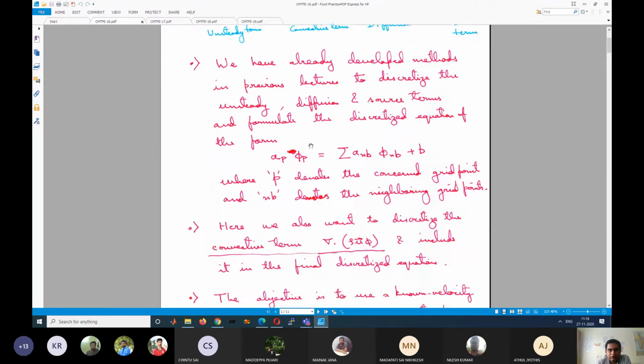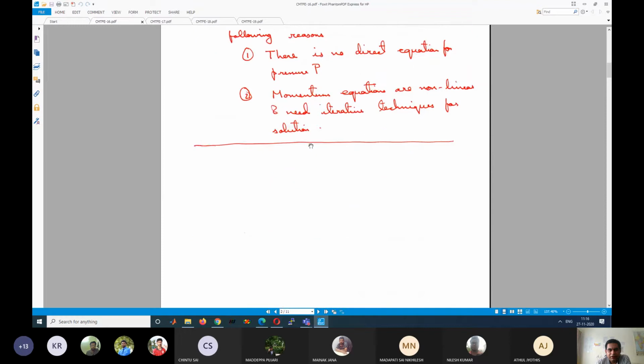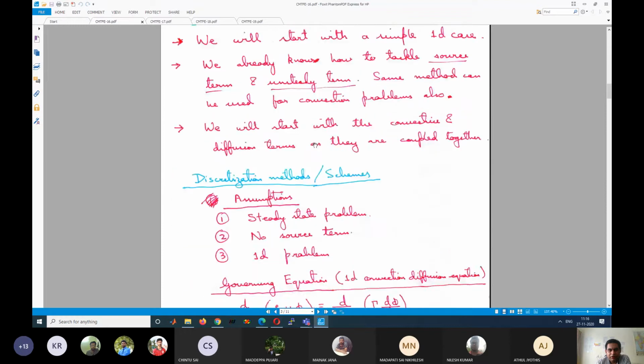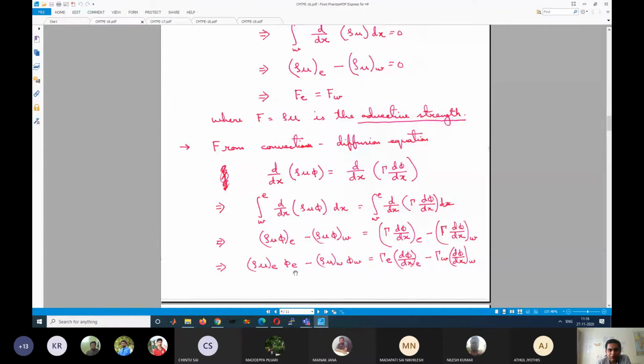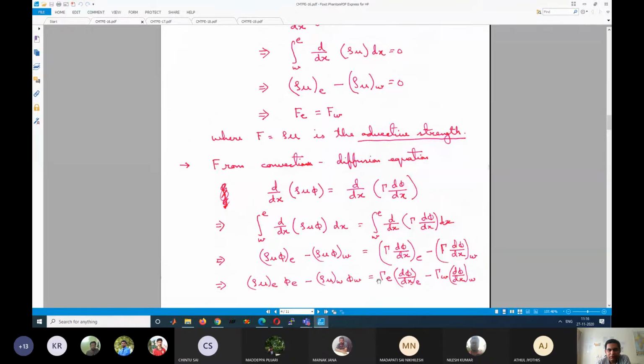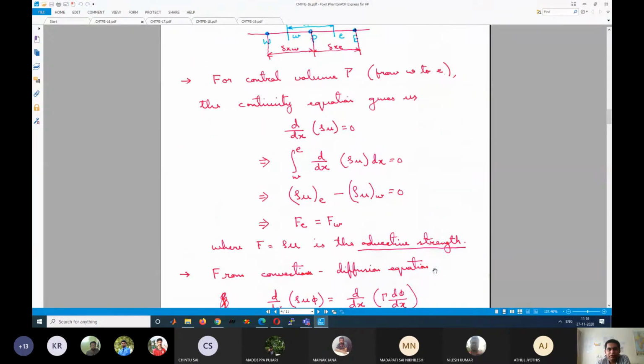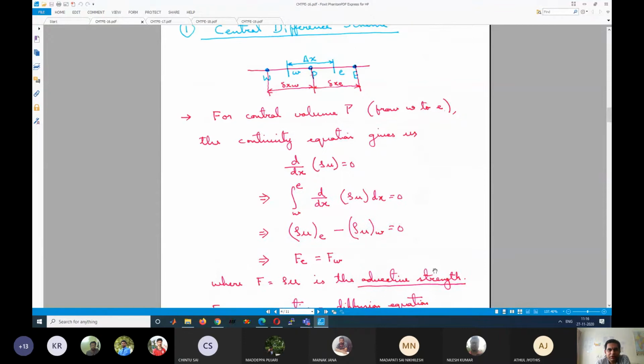When we discretize up to a certain point, we get an equation like this: rho ue phi e plus rho uw phi w equal to some diffusive terms. Source terms and unsteady terms may also be present.